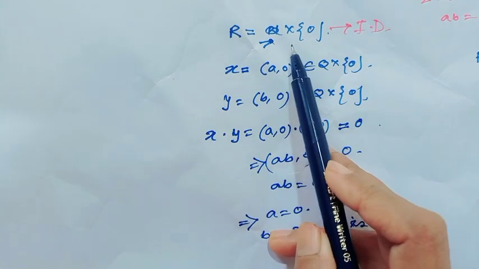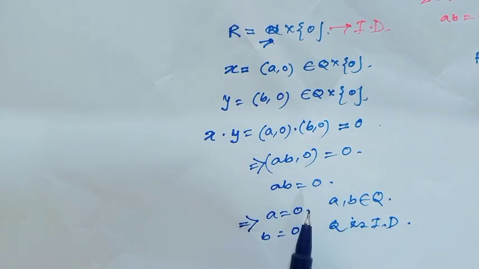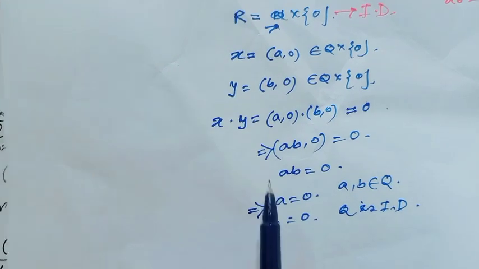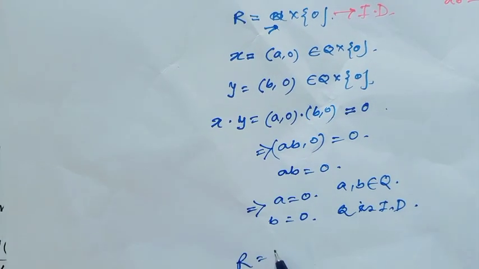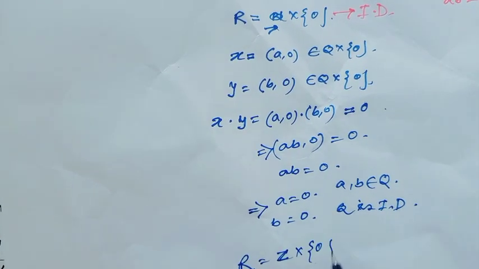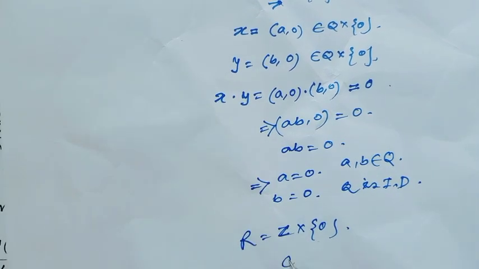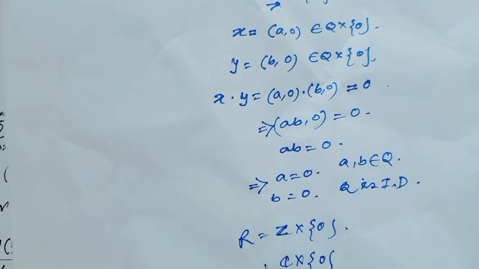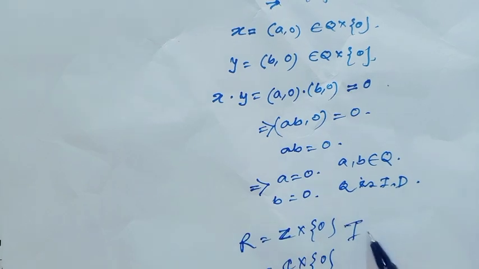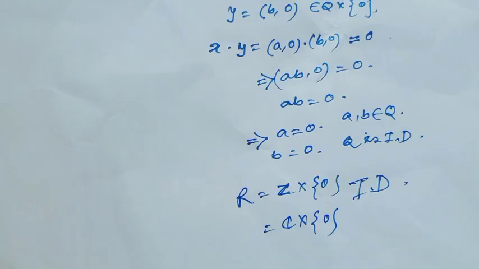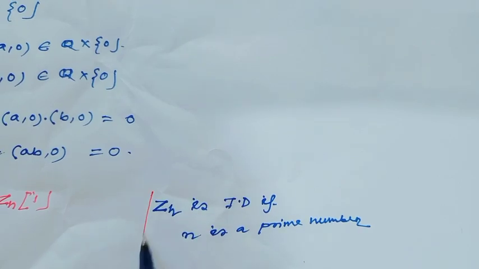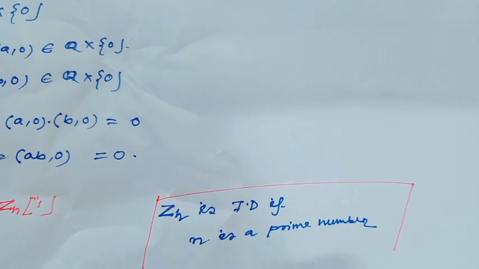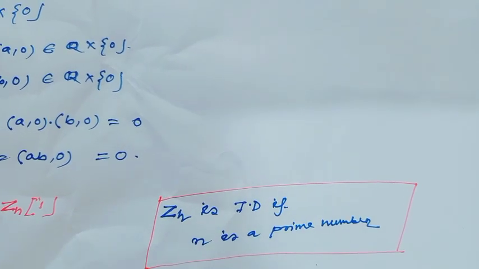So obviously this ring Q cross 0 is an integral domain. Similarly, the ring Z cross 0, C cross 0, this type of ring is always an integral domain. Similarly, Zn is an integral domain if n is a prime number.